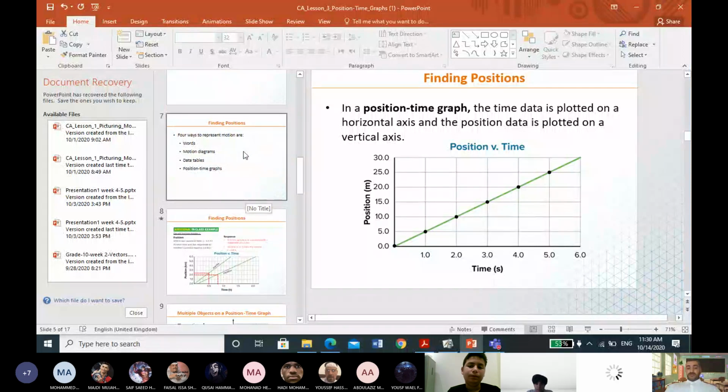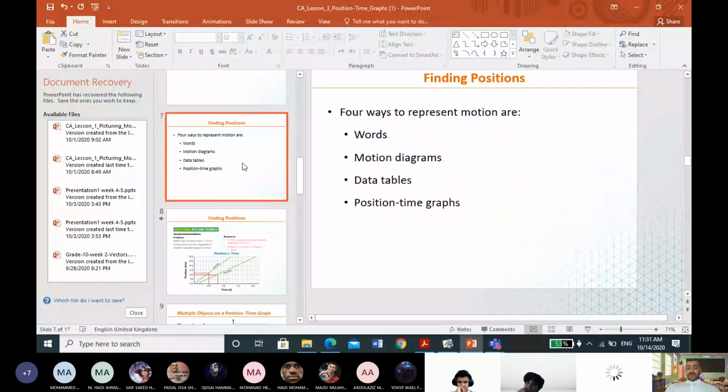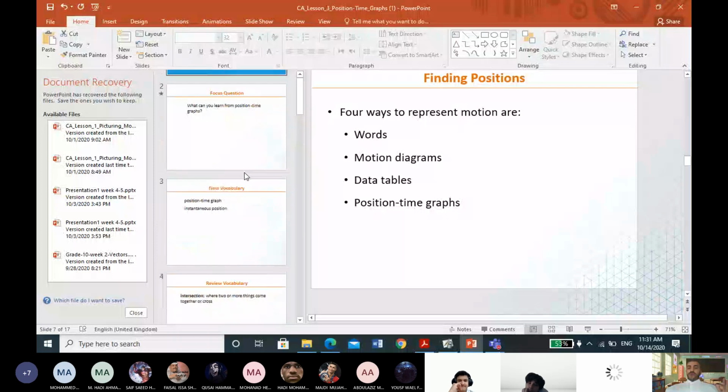What are the ways to represent motion? The first way is by words, so that I can say, for example, I am 15 meters away from the mall, I am 15 meters away from my house, and so on. Second, by motion diagram.